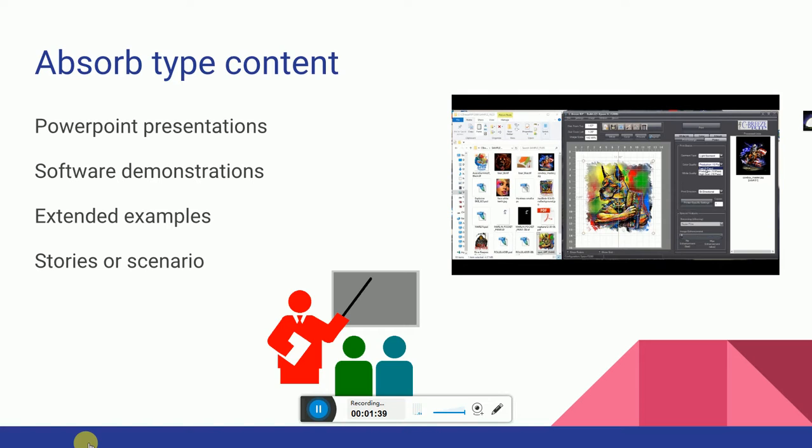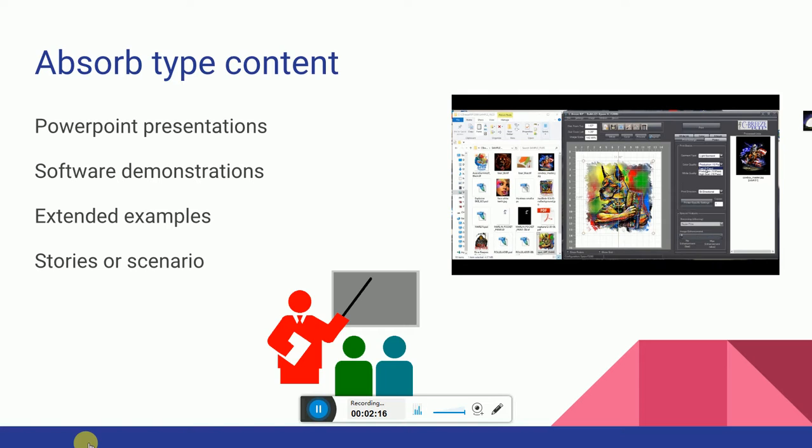For example, one of the most common types is PowerPoint presentations, or software demonstrations to show us how to use software step by step, usually with screenshots or extended examples. Horton also mentions things like stories or scenarios. So these are some of the main types of absorb type content.